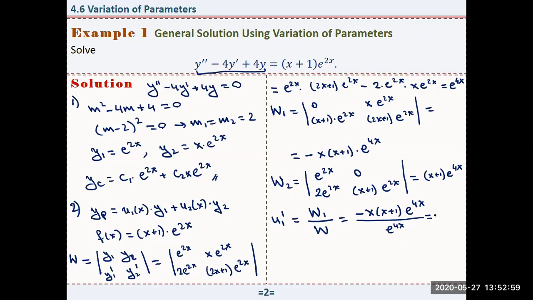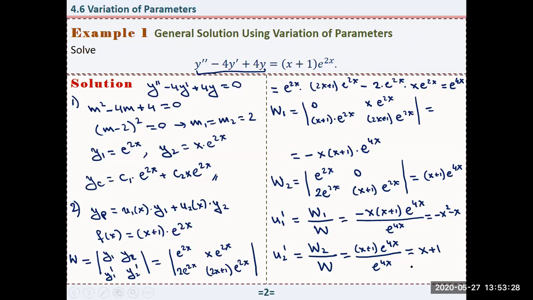And how about u sub 2 prime? That is equal to w sub 2 over w, where w sub 2 is x plus 1 e to the power 4x, over e to the power 4x. So that is equal to x plus 1.